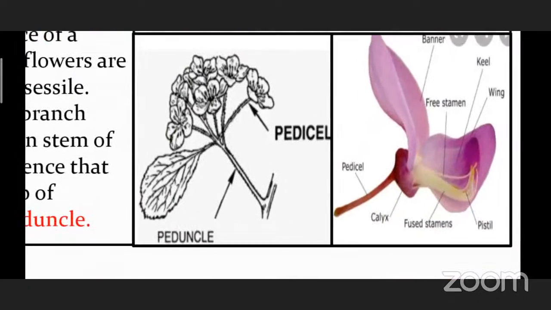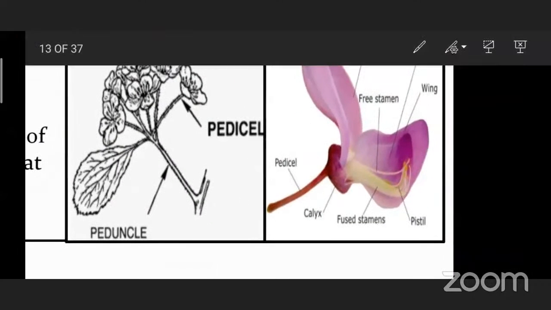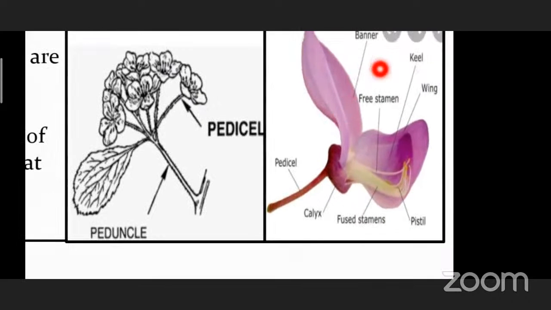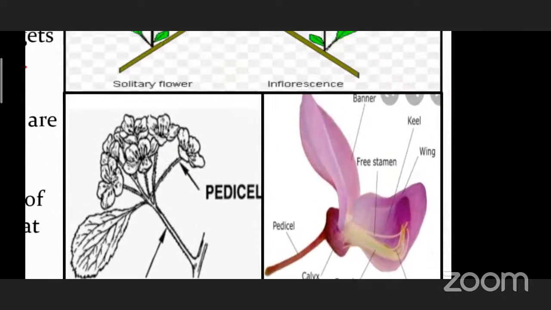Function of the pedicel: the pedicel exposes the flowers to the sun and wind and puts them in a position where their aroma and color attract pollinating insects more easily. This is the function of the pedicel.